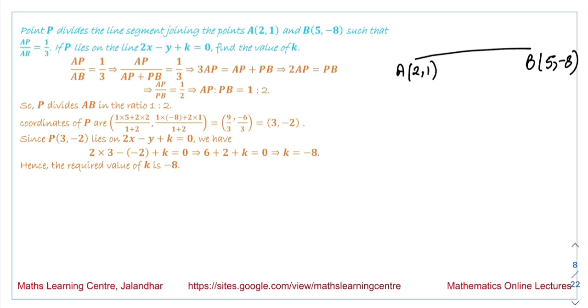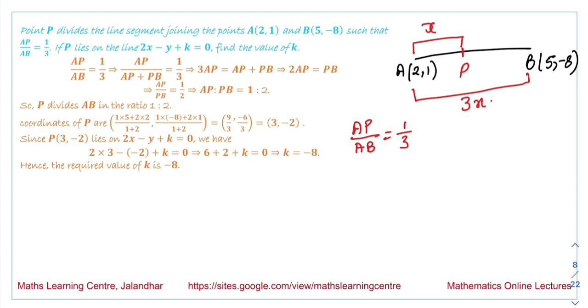And it is given that a point P is there which divides this in the ratio AP is to AB. It means this length, if it is x, then AB length is 3x. It is given that AP over AB is equal to 1 by 3.